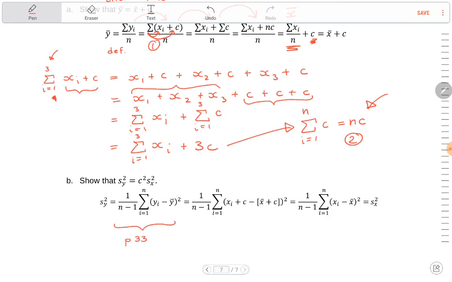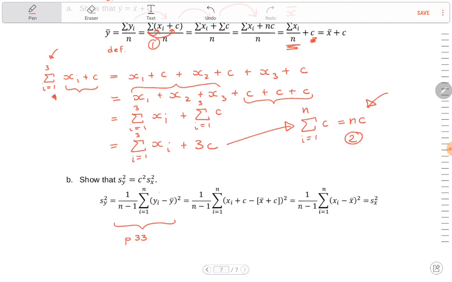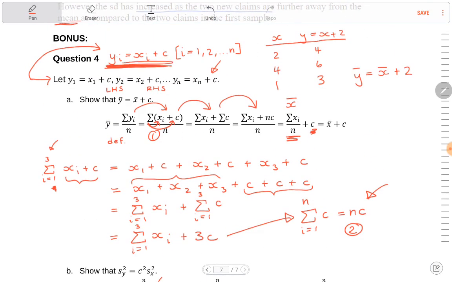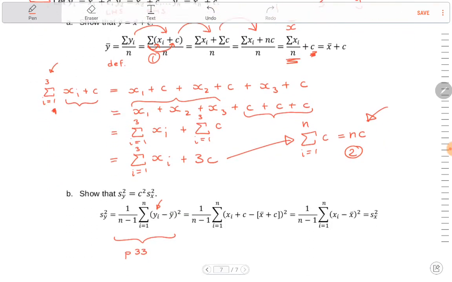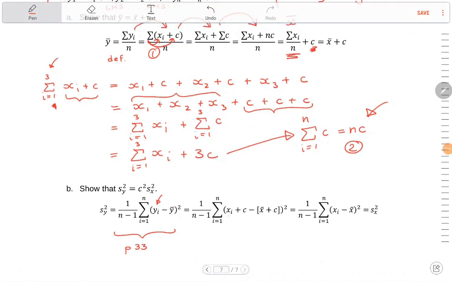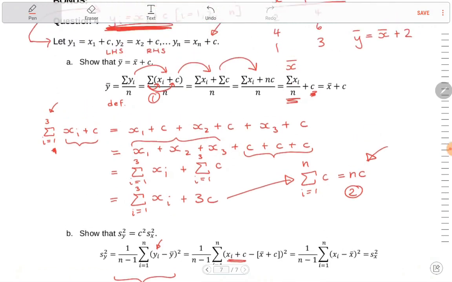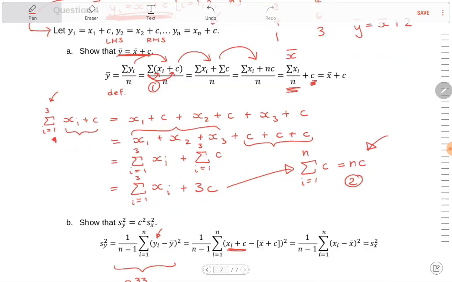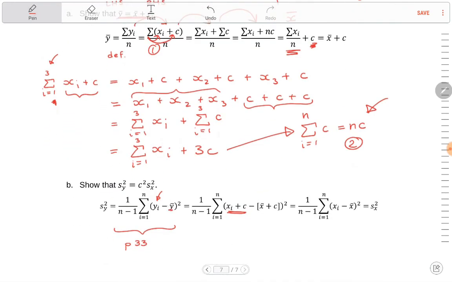And then now we're going to do the same substitution. So here where you have yi, remember we said it's just xi minus c. So that's what we have here. And then for the y bar, we've just shown that y bar is equal to x bar plus c. So here is my y bar.